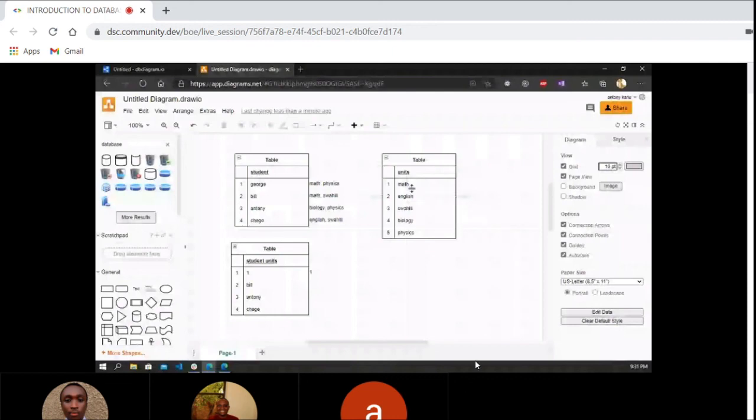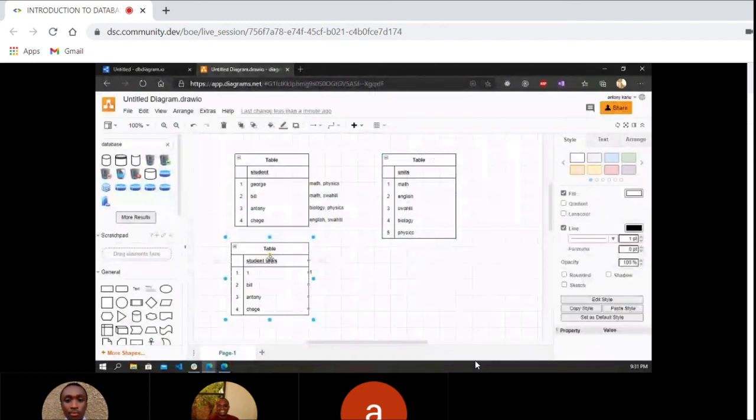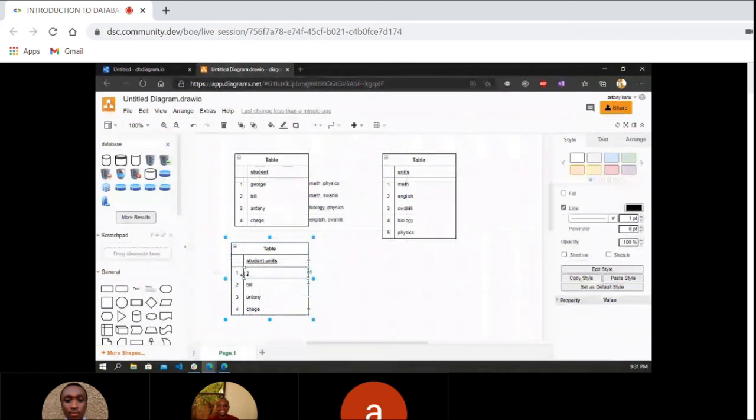In the table student unit, the first column is the primary key, the ID. Not that one, the other one, the one on the left.